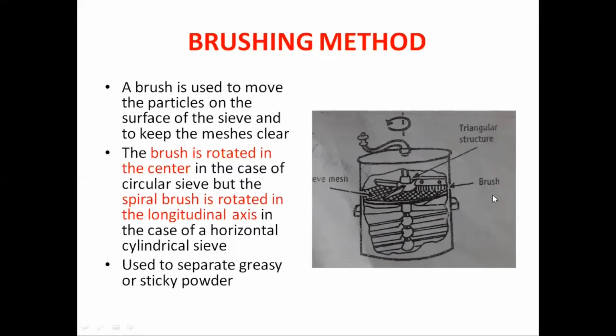If we have a horizontal cylindrical sieve, then we should use a spiral brush, and that spiral brush is rotated on its longitudinal axis to clear the mesh. This method is mainly used to separate greasy or sticky powders.